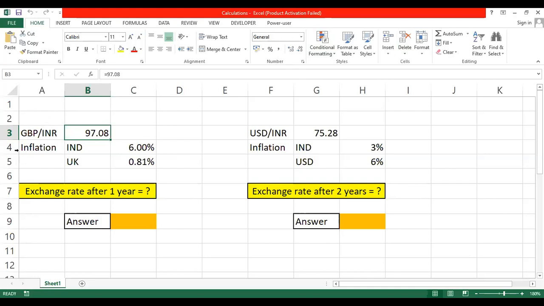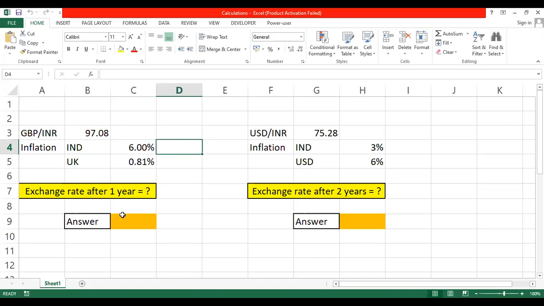So anything before the slash is the base currency and anything after the slash is the quote currency, and the base currency is always taken as 1. So here what we mean is, for every £1 sterling that you want to buy, you will have to pay 97.08 INR. Okay.